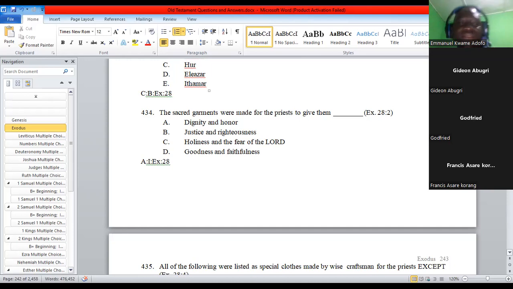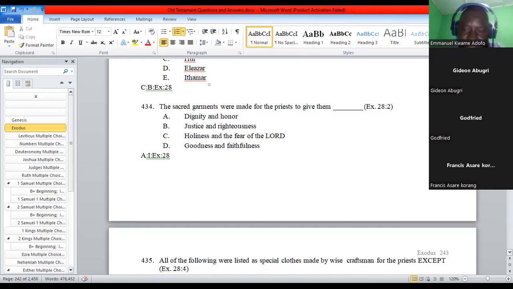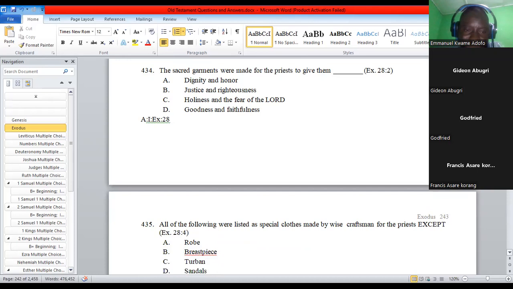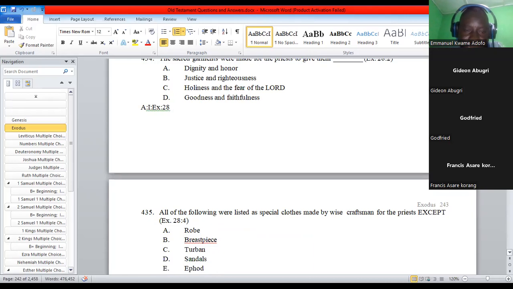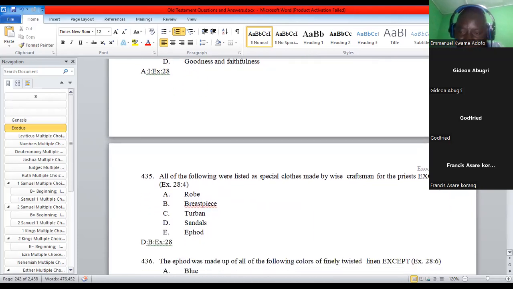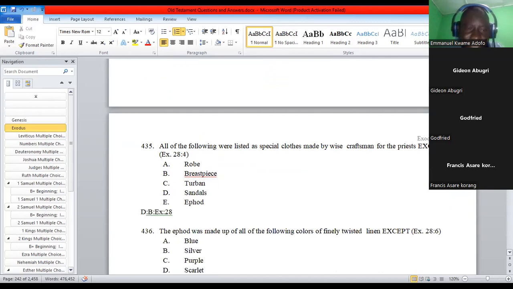I beg you. All of the following were listed as special clothes made by wise craftsmen for the priest, except, which one was not part? Sandals. The ephod was made up of all of the following colors, except which one?